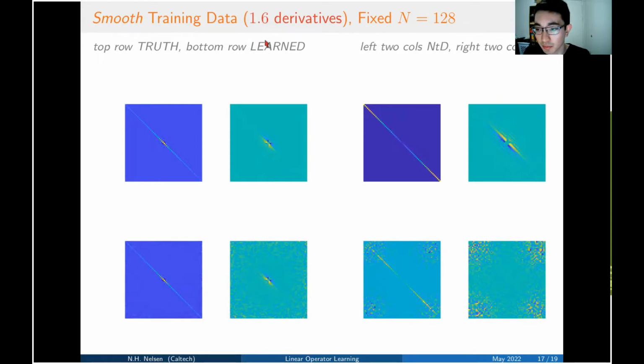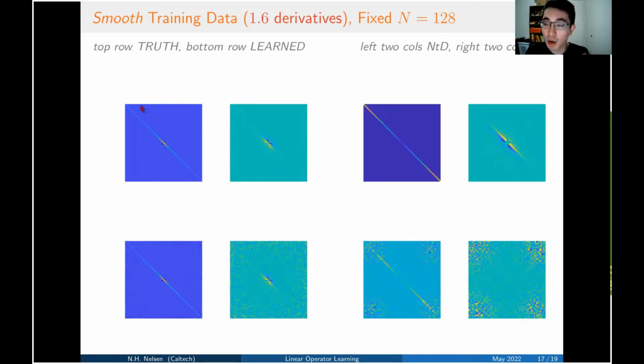So it has some derivatives. The top row of this set of figures is showing the ground truth, if you will. So it's showing in these left two columns the real part and the imaginary part of the Neumann to Dirichlet map in a Fourier basis.